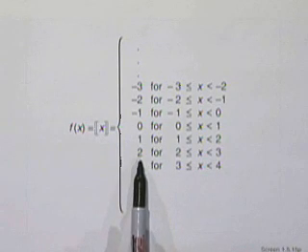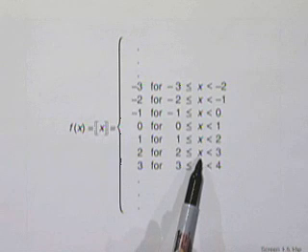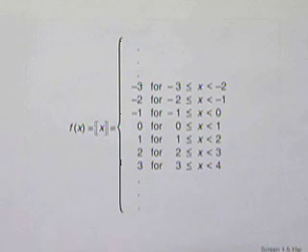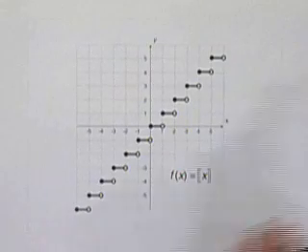The value of the function is 2 for any value of x that's greater than or equal to 2 and less than 3, etc. And the graph of the greatest integer function looks like this.